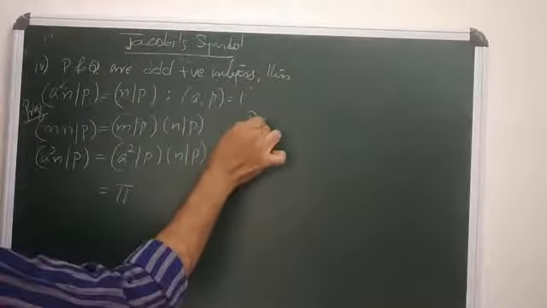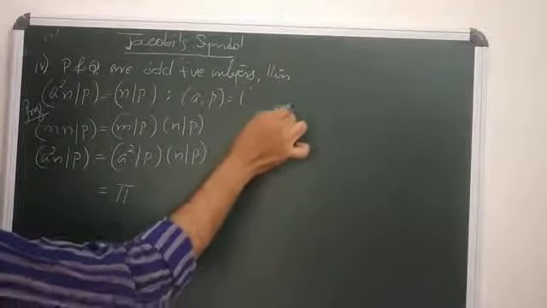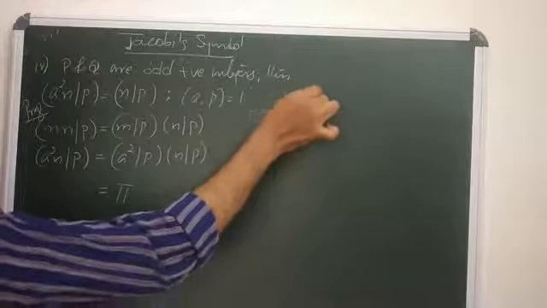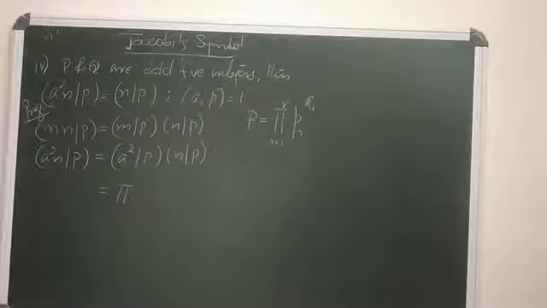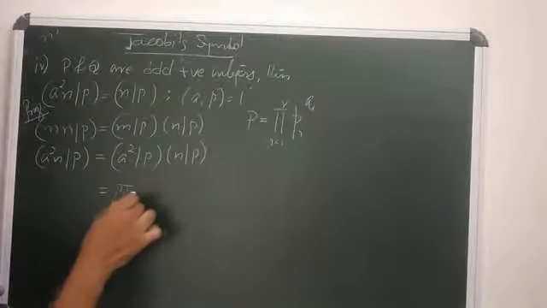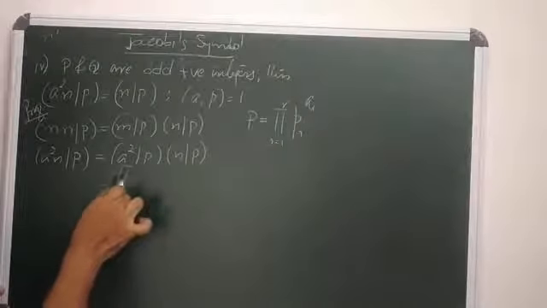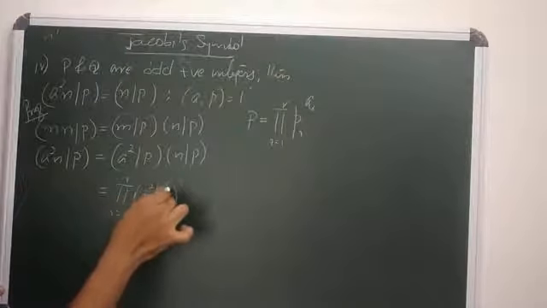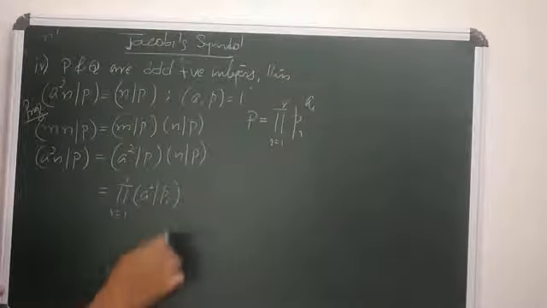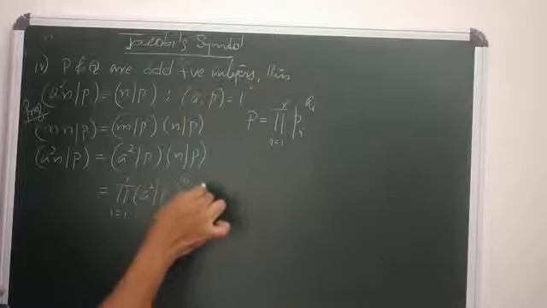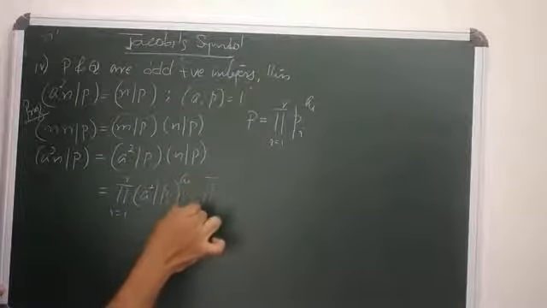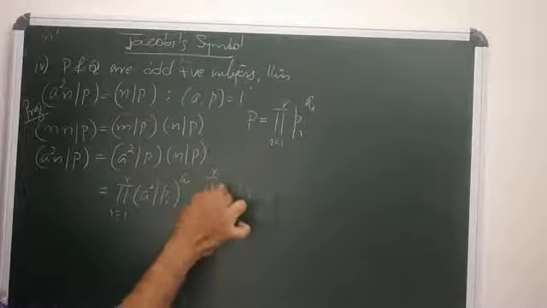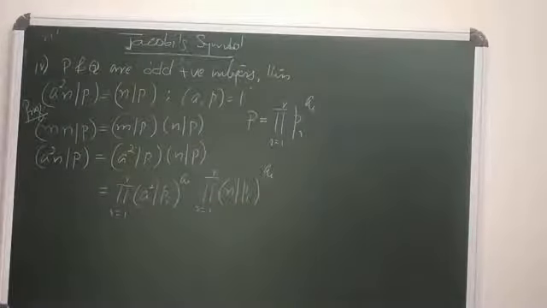Since p is a positive odd integer, p has the prime factorization p equals the product over i from 1 to r of p_i to the power a_i. So (a squared/p) is the product over i from 1 to r of (a squared/p_i) to the power a_i, times (n/p). And (n/p) is the product over i from 1 to r of (n/p_i) to the power a_i.